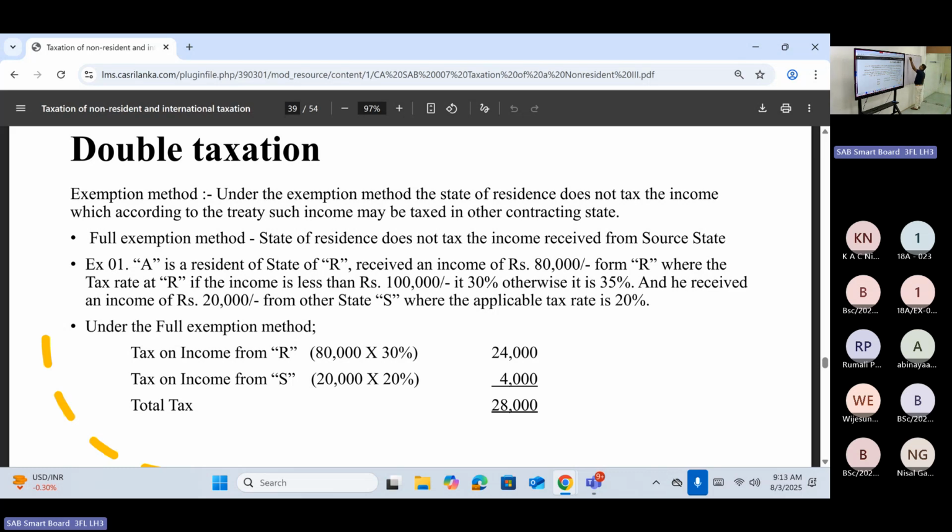Otherwise, more than 100,000, it is 35%.